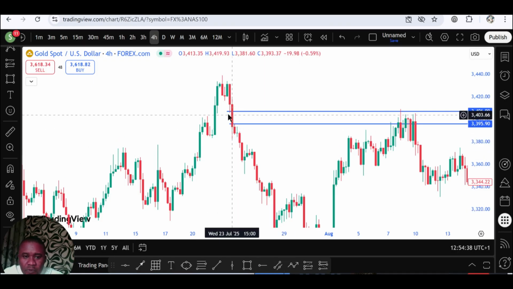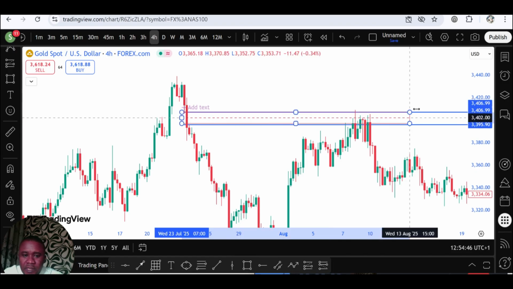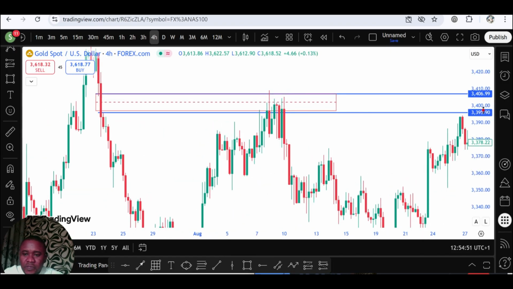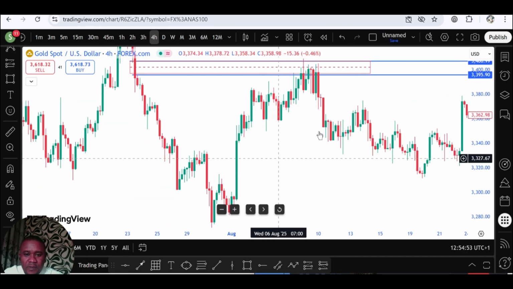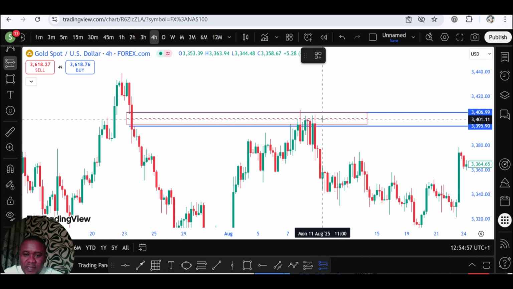So this gap you are seeing inside here is called the fair value gap. If you draw it across to the right-hand side, you notice that when price returned to the fair value gap, it rejected price to the downside.